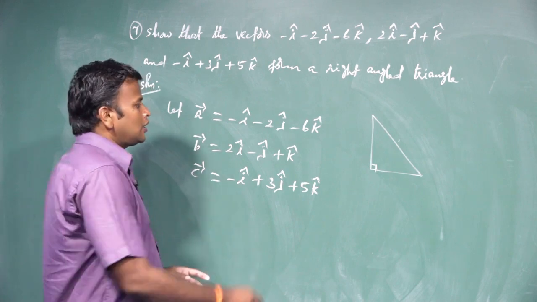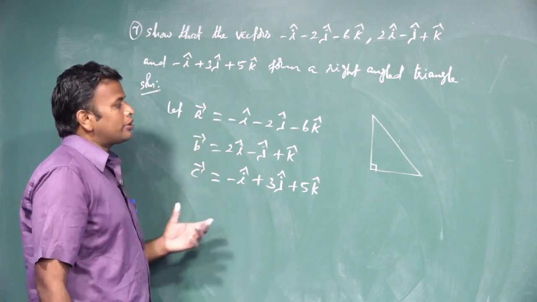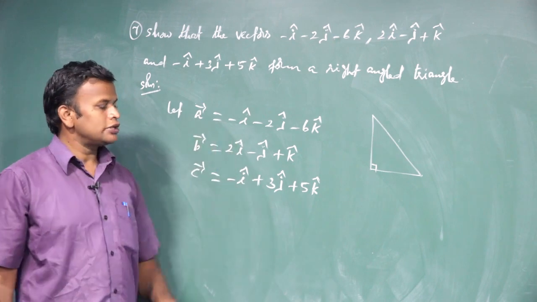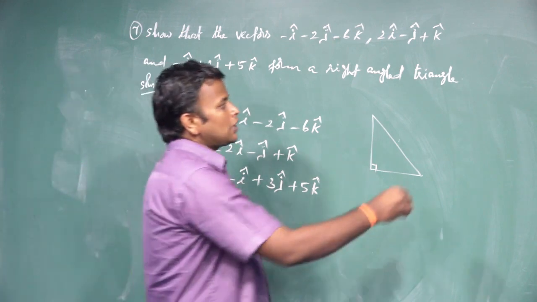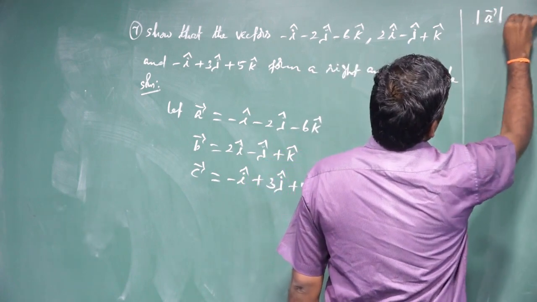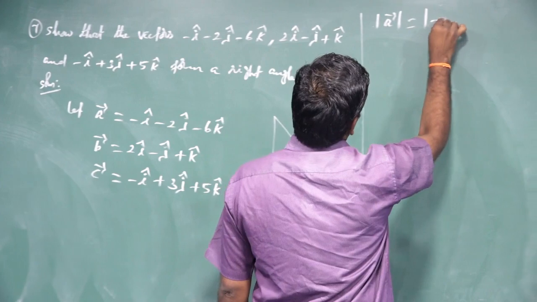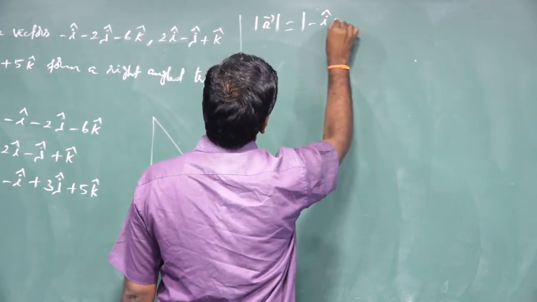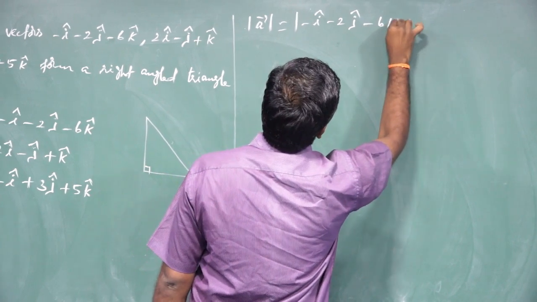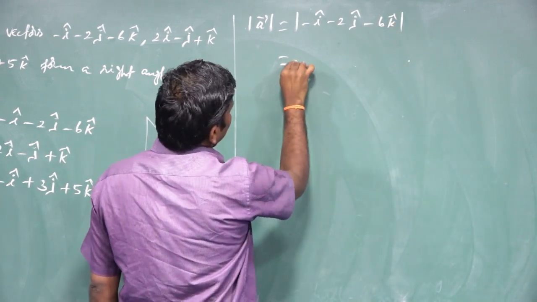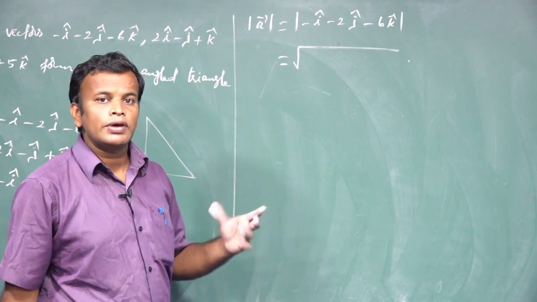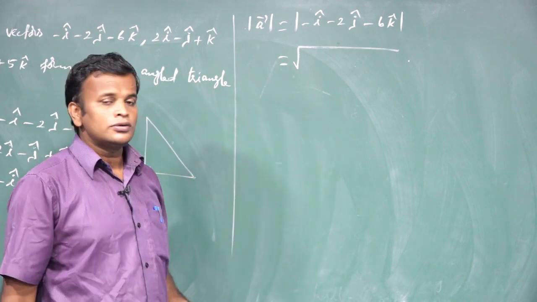So in this manner, first I will take the modulus of each and every vector. You know the working rule for how to take the modulus. First we will take the modulus of the first vector. Modulus A vector, modulus of minus i cap minus 2j cap minus 6k cap. The working rule of modulus of a vector is within a square root.